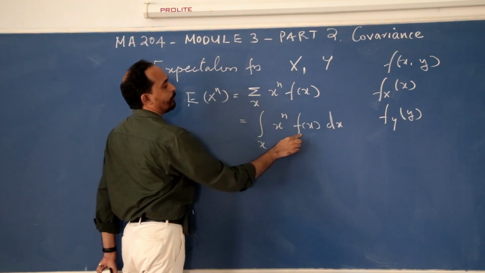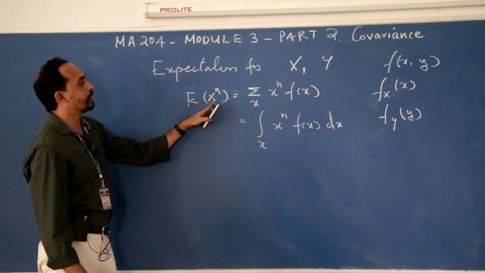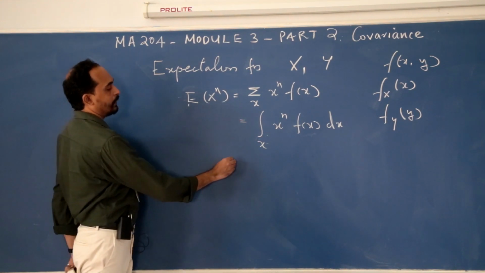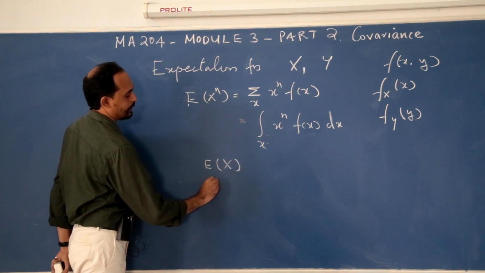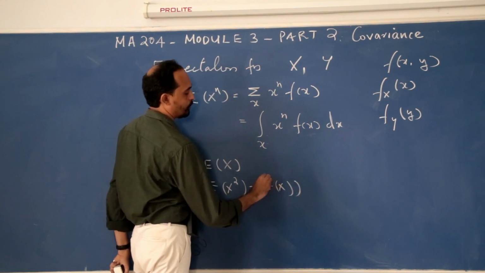We are taking expectation of x raised to n because our aim is to find the mean and variance. Mean is expectation of x and variance is expectation of x square minus expectation of x the whole square.